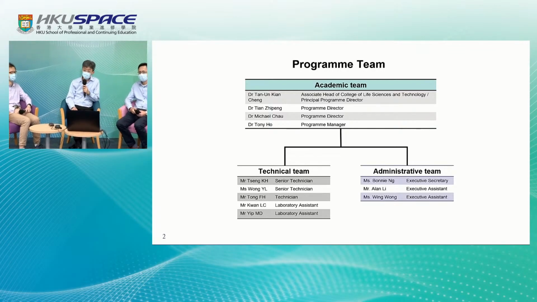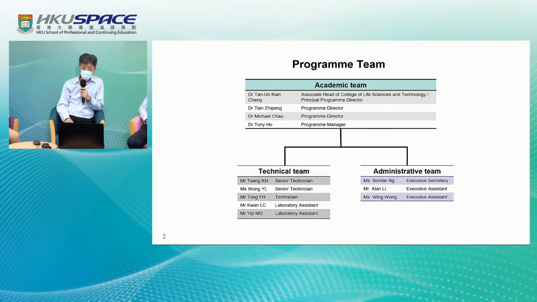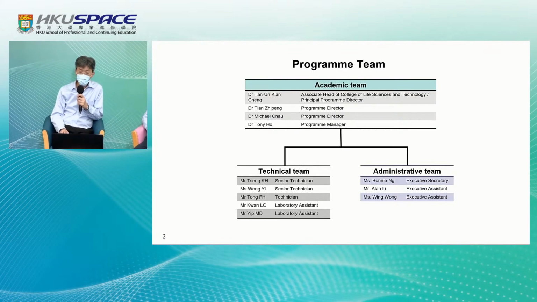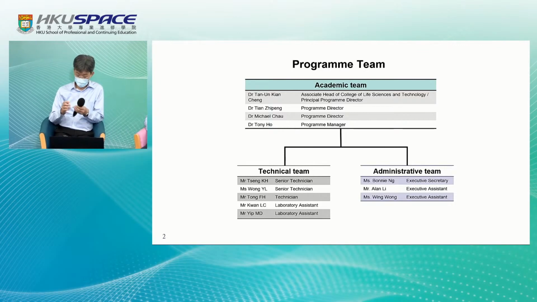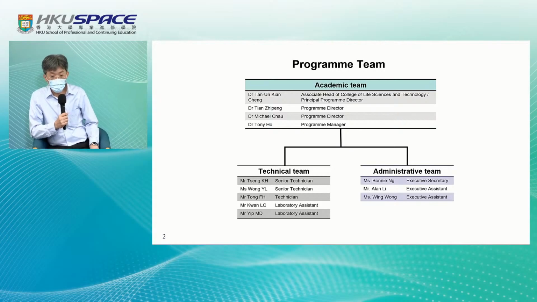You can see we have 3 clinical support, and also a well-experienced technical support team, which involves senior technicians and laboratory assistants. Their role is to prepare the practicals, which is an important part of our program.